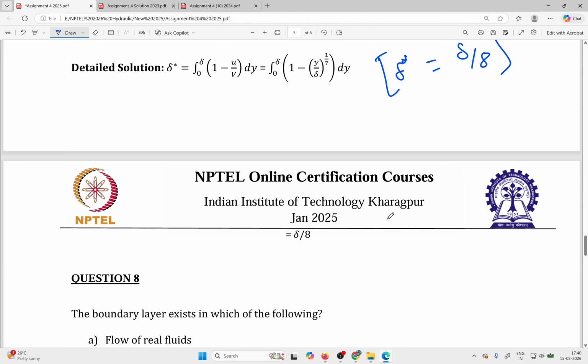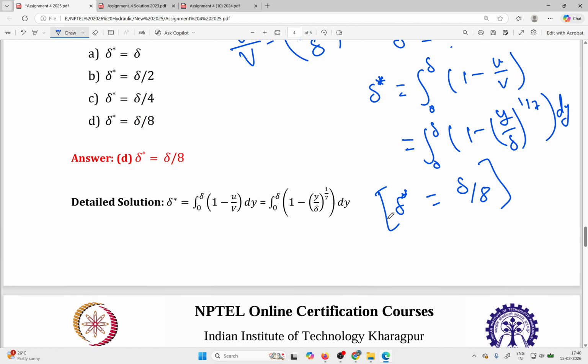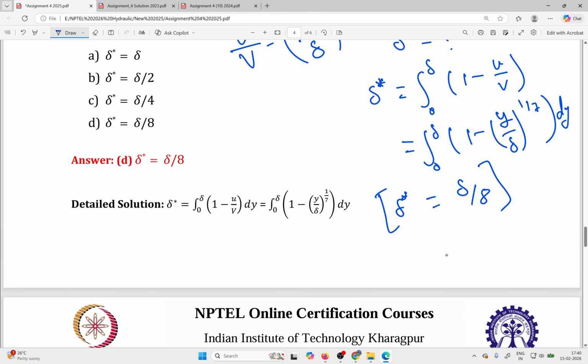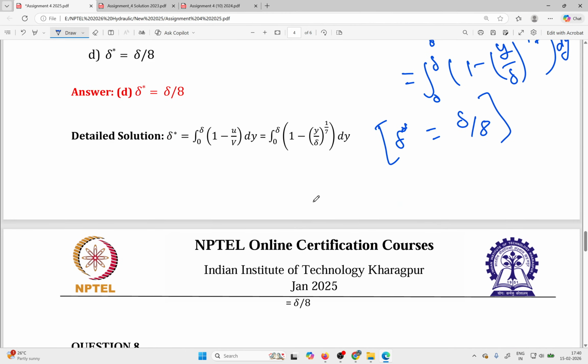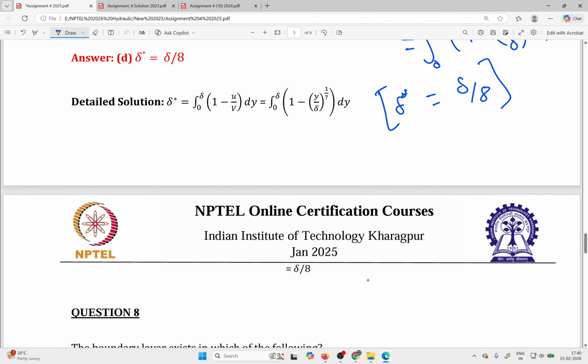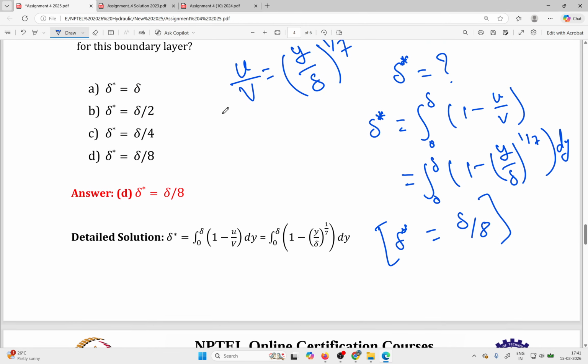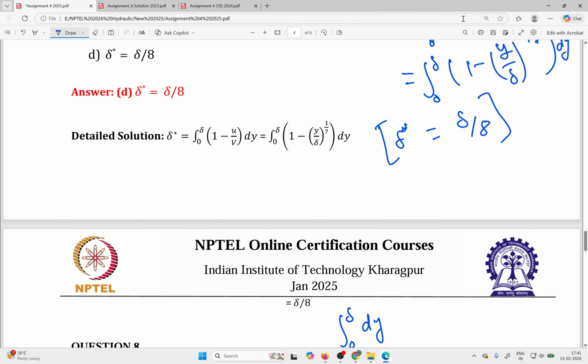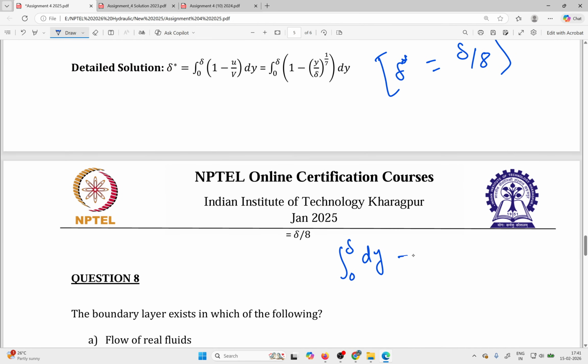Maybe some students do not know how to do it. Okay, for a few students let me just integrate. So integral 0 to delta of dy minus integral 0 to delta of y by delta to the power 1 by 7 dy.